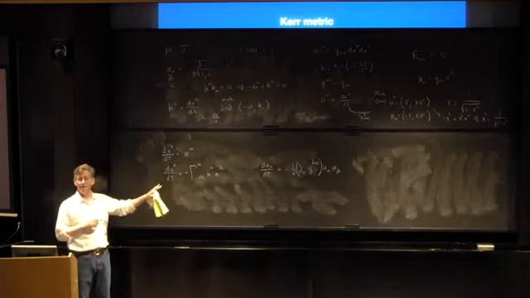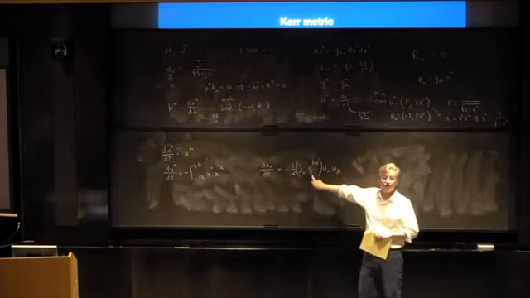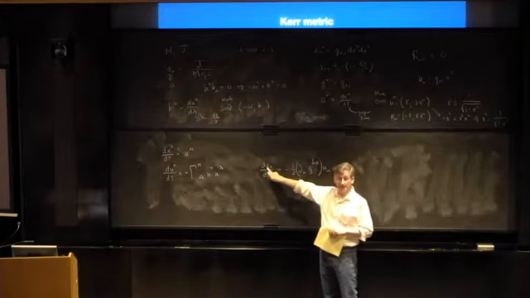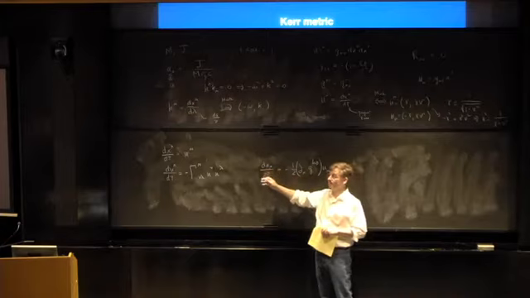One of the conclusions is that if there's some coordinate that the metric doesn't depend on at all, then the index-down component of the four-velocity associated with that coordinate is conserved, right?